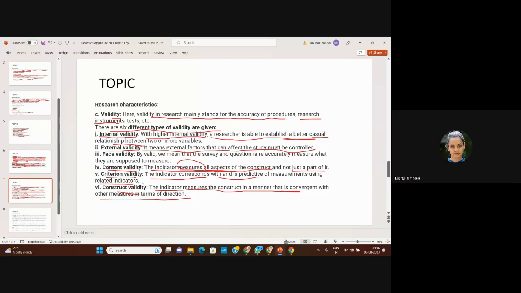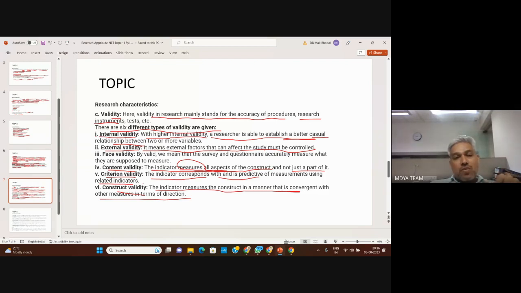I'm not giving examples right now because this validity is very important when you prepare a tool like a questionnaire. Preparing your questionnaire is a very huge, lengthy process. So these are the validities, and when we complete the questionnaire and it is approved, all this validity will help there.